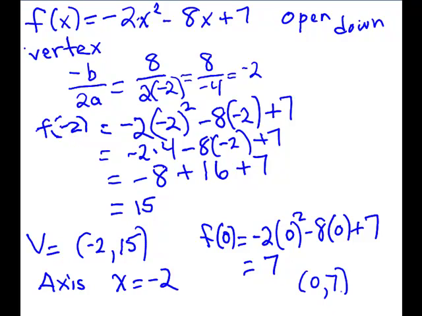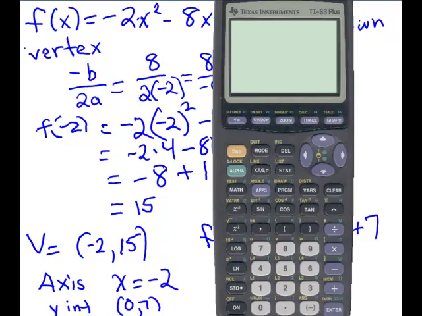This one is not going to be very nice, so I'm not going to graph it, and the reason is it's going to go off my grid because of the vertex. What we can do is put it in our graphing calculator. If we're going to do that, we're just going to type in the whole regular function.